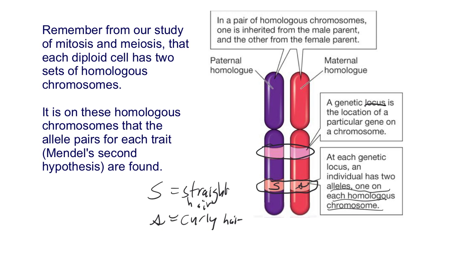So I'll put the alleles like that. And then let's say dad had blue eyes, which is recessive, and mom had brown eyes. So mom had big B and dad had little b at that locus.